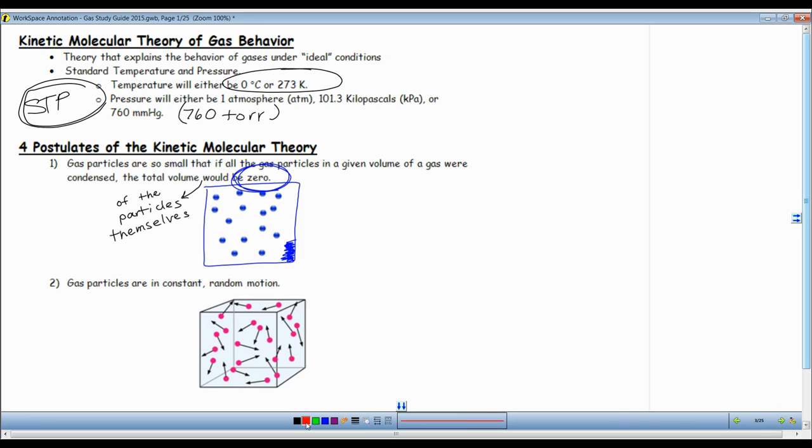Aha, I don't like that. So maybe at the time, scientists thought that, whoa, the volume is 0. But now that we have more sophisticated laboratory equipment, it would be more accurate to say that the volume of the particles would be too small to measure.